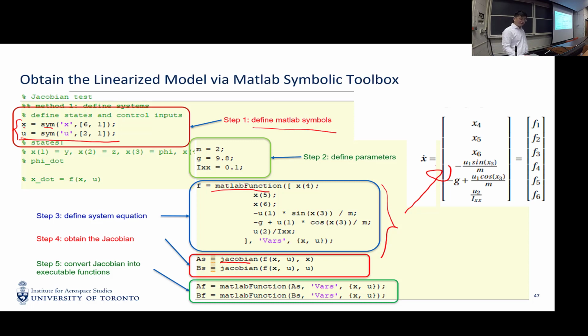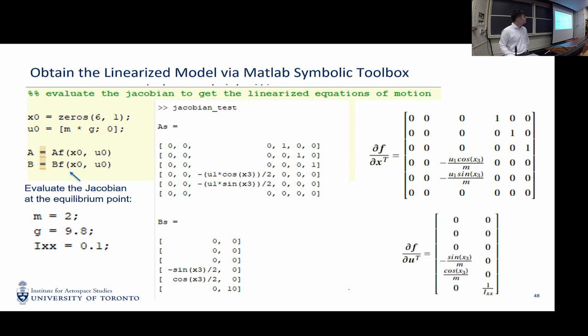And then finally, you convert the resulting symbolic function into a MATLAB numerical function, called f, by using the matlabFunction command. And then you can plug in x and u to get the actual values of A and B. Okay. So this is the final result of the MATLAB symbolic calculation.